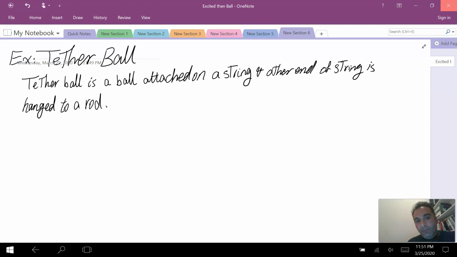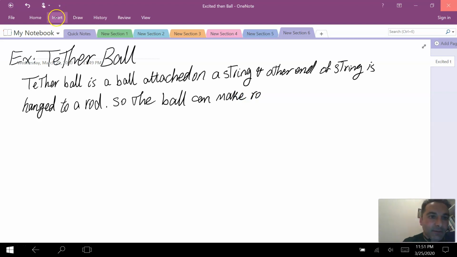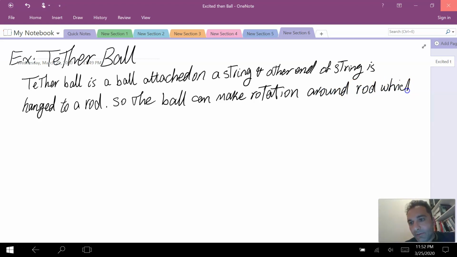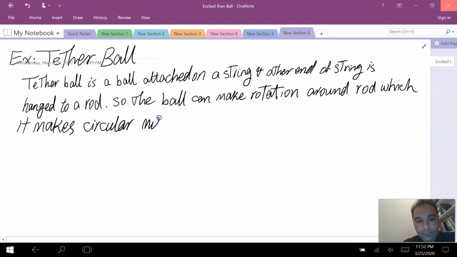When the ball rotates, it's completely free rotation, so it rotates around the rod. So the ball can make rotation, let's write circular motion, around the rod, which makes what? Circular motion. So far makes sense.